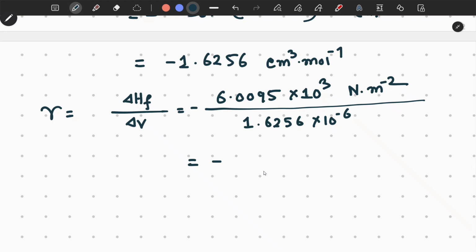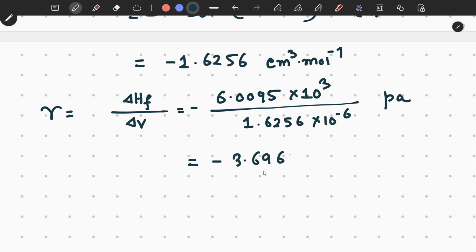What is the answer? Pascal, Newton per meter square is Pascal. Minus 3.6967 into 10 to the power 9 Pascal.